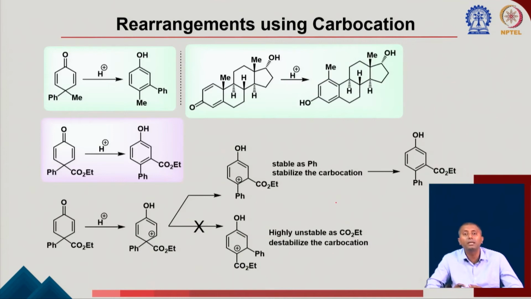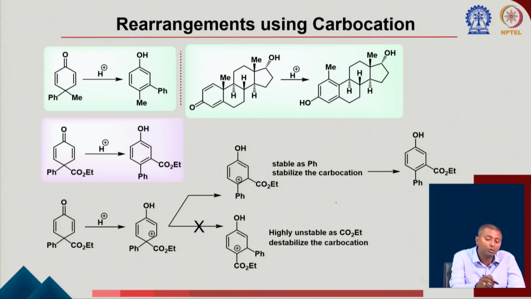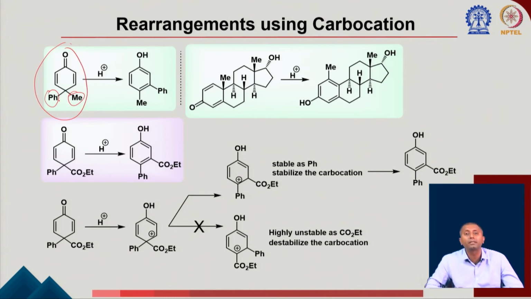So, the problem is that we have learned in the dienone phenol rearrangement that there will always be 2 groups here. So, in case of dienone, you have 2 different groups in this position. So, one is going to get migrated. Again I think you can see clearly that when the migration is happening, the migrating group is carrying some sort of a delta positive charge, which I am telling you from the previous Wagner-Meerwein to the pinacol.